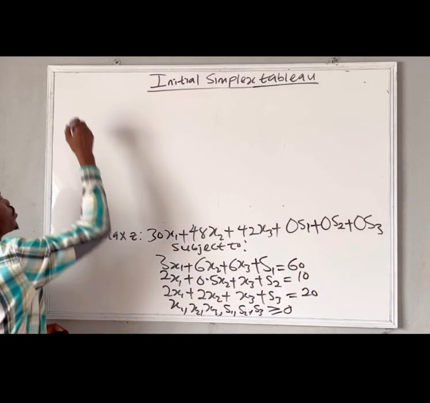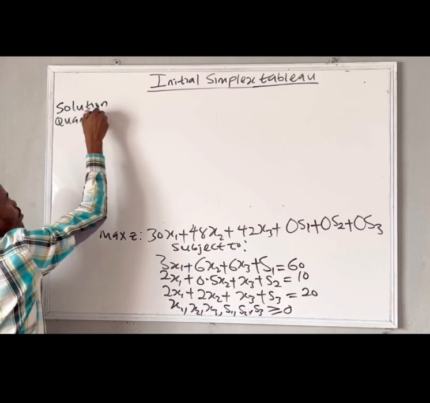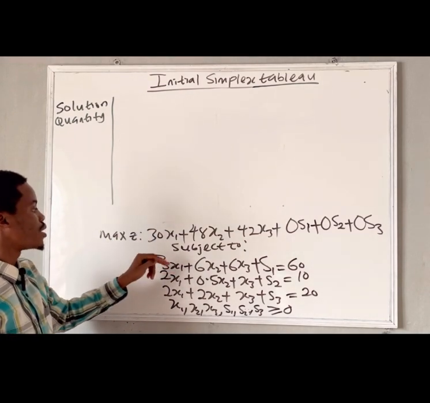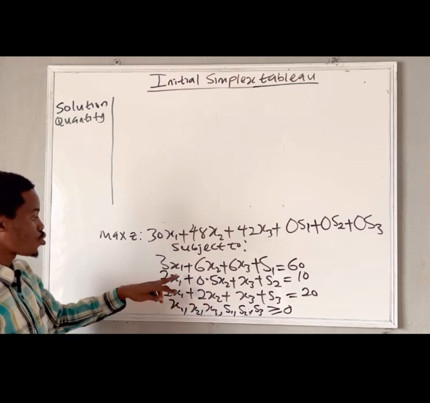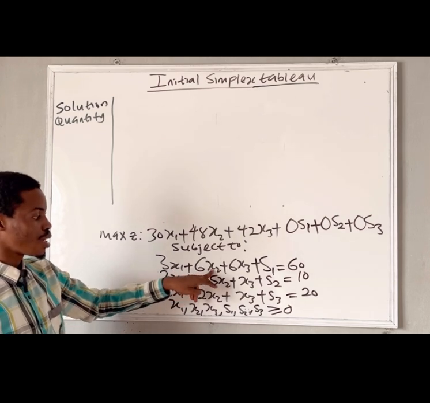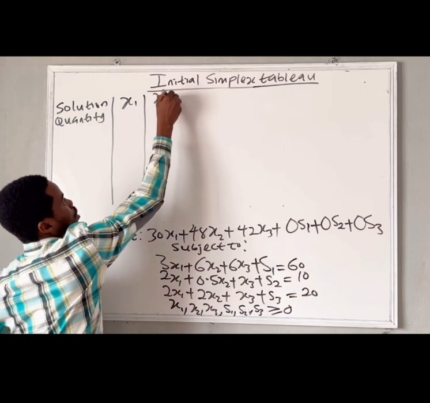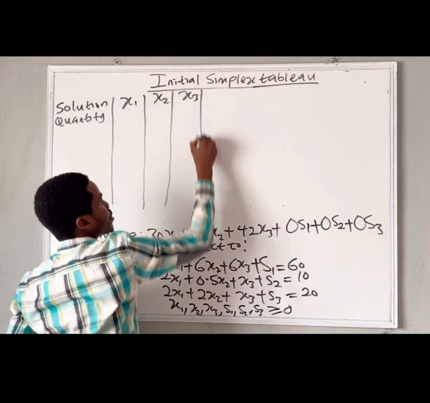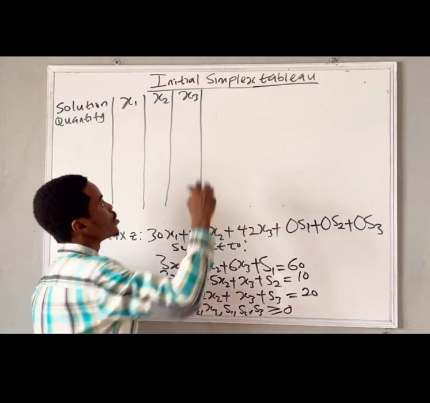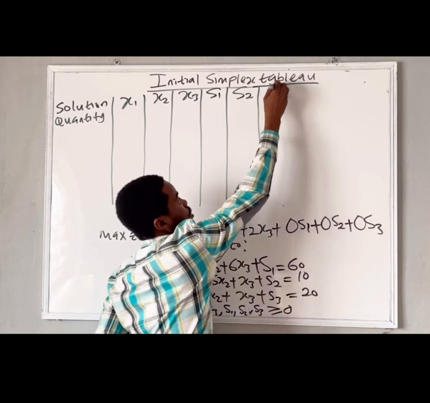So I'll form a table. Here will be my solution quantity. This place is going to be the coefficients of the constraints: the coefficients of x1, x2, x3. Then I'm going to have the slack variables: slack variable 1, slack variable 2, and slack variable 3.